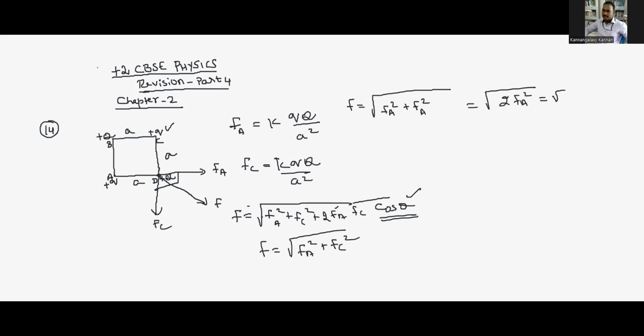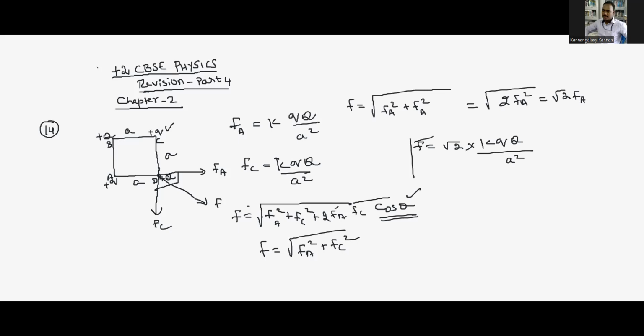Root 2 times Fa is the resultant of these two forces. So F is equal to root 2 times Fa, and Fa is K Q Q by A square from the first equation. This is the resultant force of those two forces.